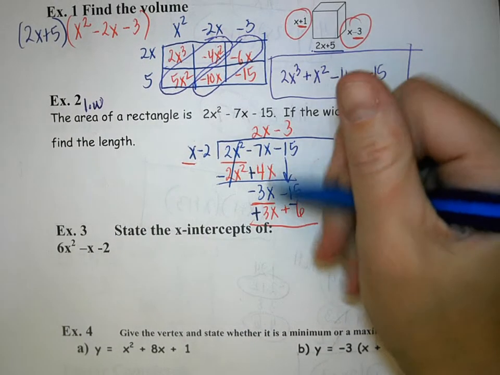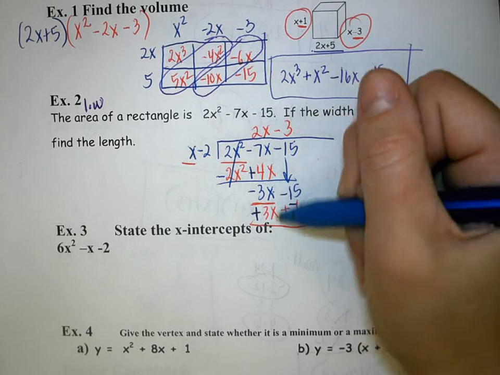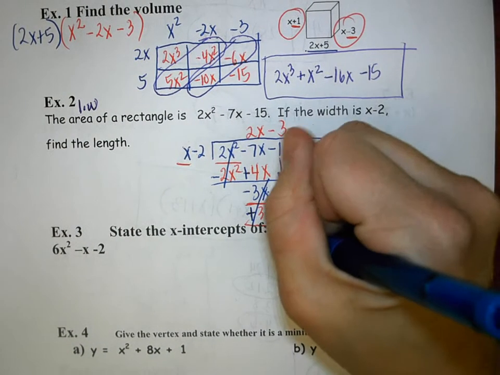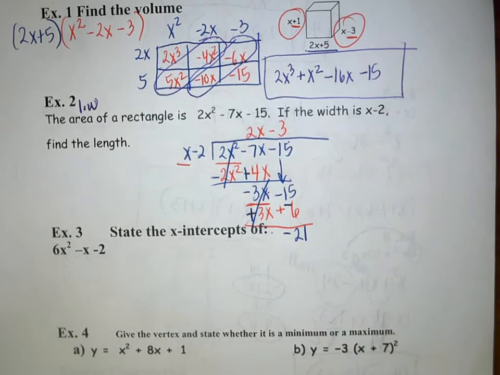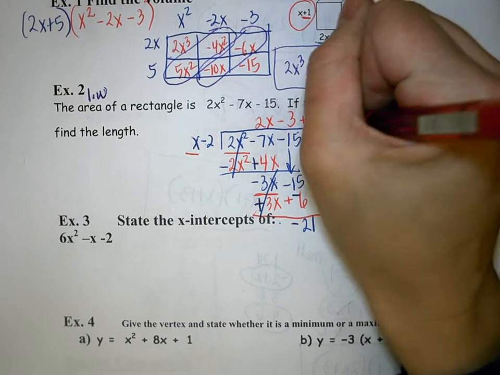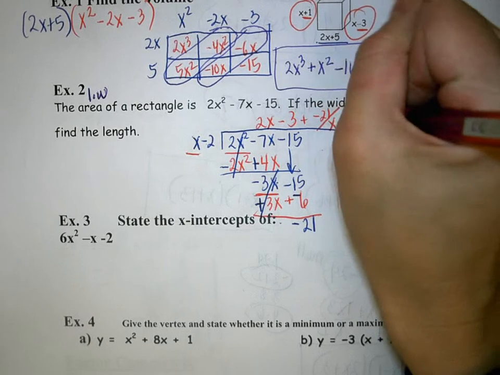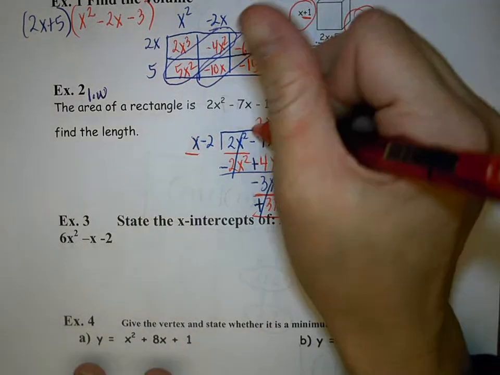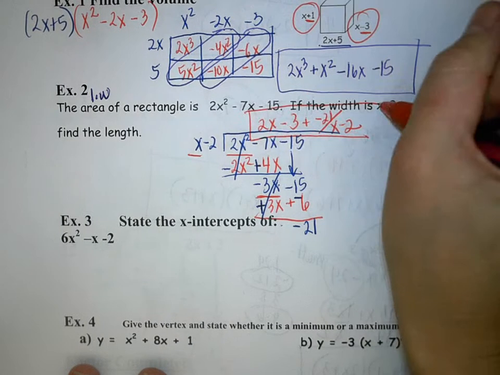This is the only way these can cancel out. So those cancel. Two negatives we add and it stays negative, so that makes negative 21. So that is how I get plus negative 21 divided by x minus 2. Or if you just put minus 21 divided by x minus 2, that is also a good answer.